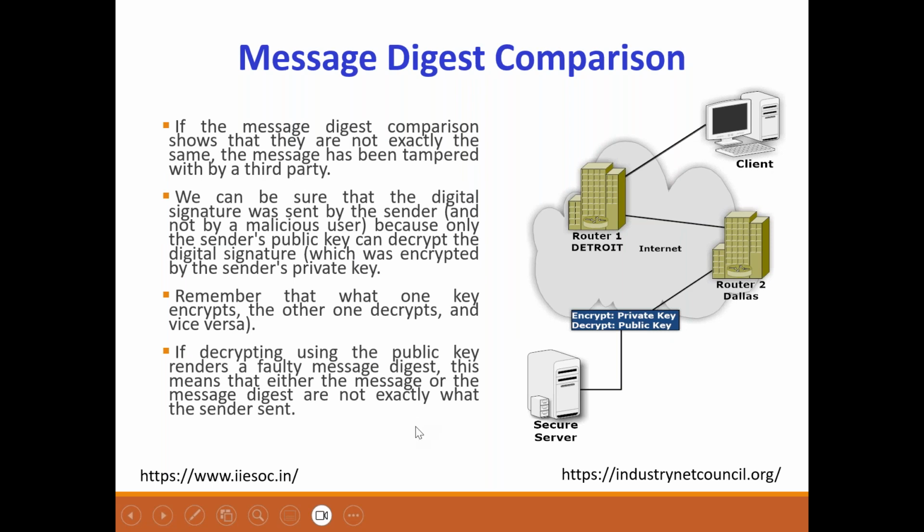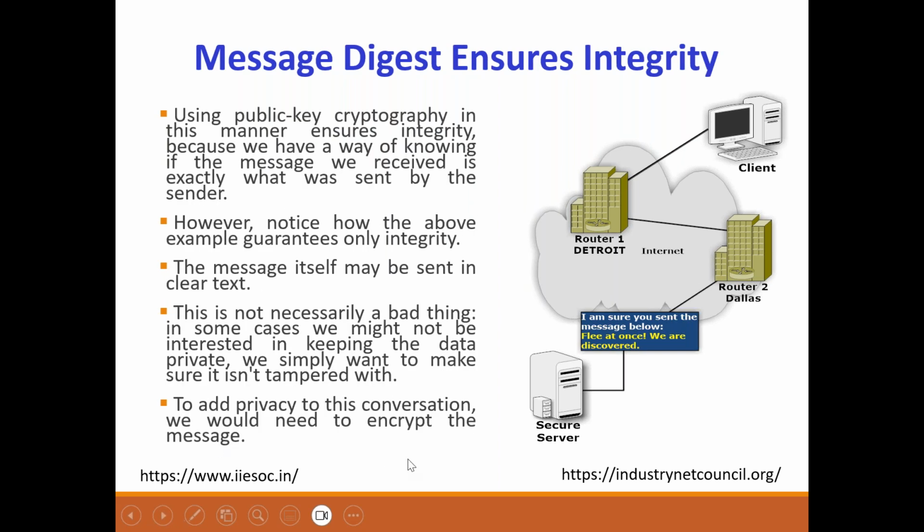The reason you can be sure of this is that only the public key can decrypt this digital signature, which was encrypted by the sender's private key. So this is a way of ensuring that the message has not been tampered with, and it ensures integrity.